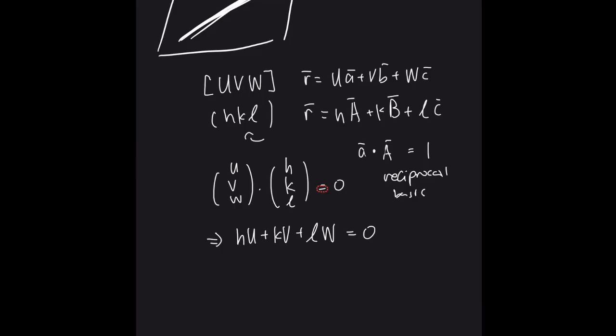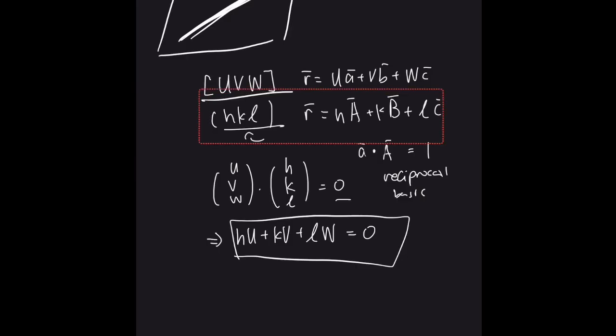So when we take the dot product of these two, because they're perpendicular to each other, you should get 0. And that will give you your important equation. So if you have your plane HKL and your direction UVW, if they're perpendicular to each other, then this relationship must be obeyed.